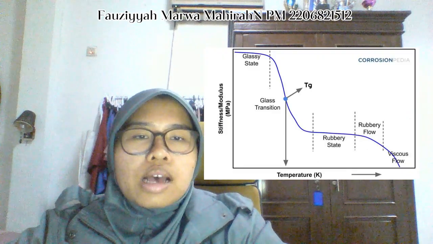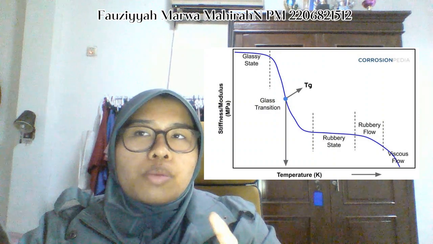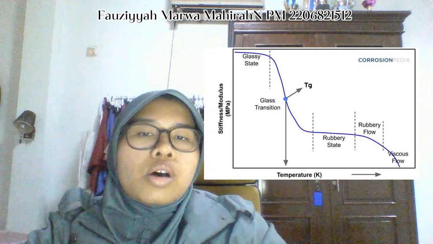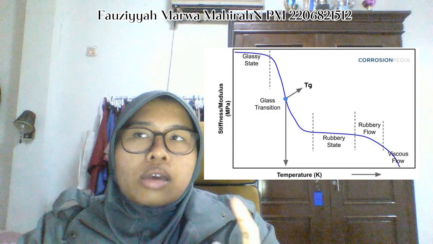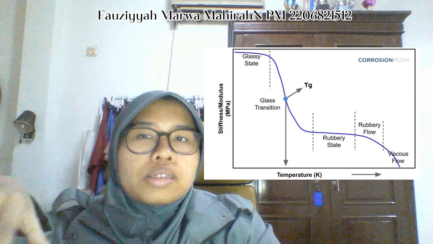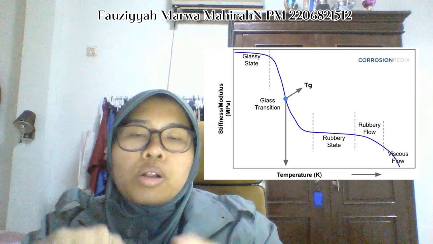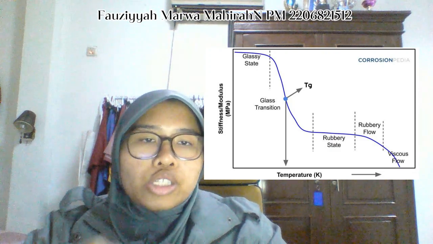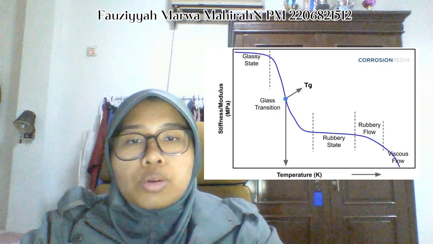Melting temperature is the temperature at which a crystalline polymer transforms from a solid state into a molten or liquid state. The melting temperature is specific to crystalline polymers and gives information about their degree of crystallinity. It is important because you can understand the polymer's thermal behavior in applications where melting and solidification of polymers are used, in techniques like injection molding, for example.